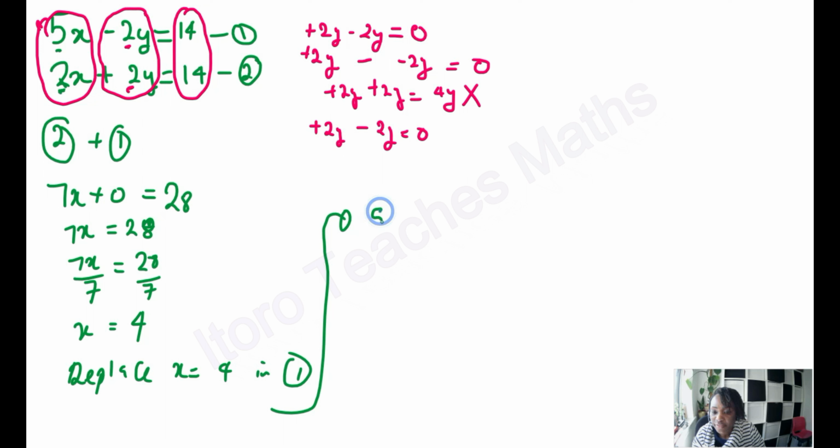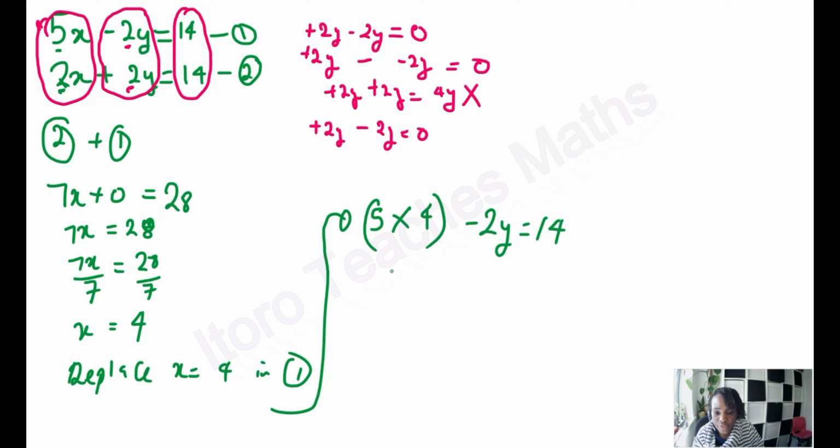So 5 times x, and remember x is equal to 4. Let's just rub that off because that doesn't look great. Okay, so 5 times 4, and then we're going to say minus 2y equals 14.